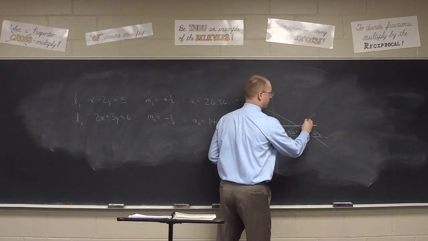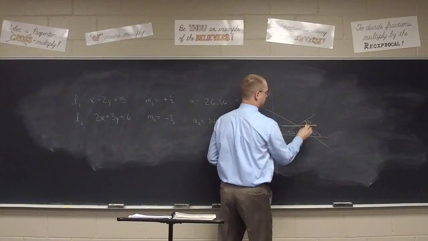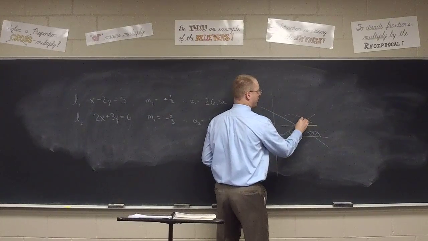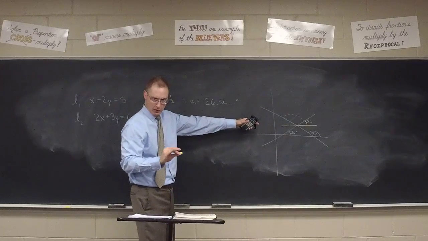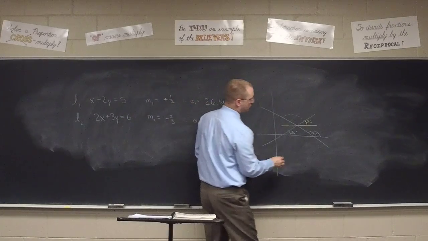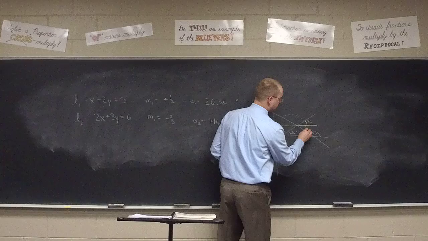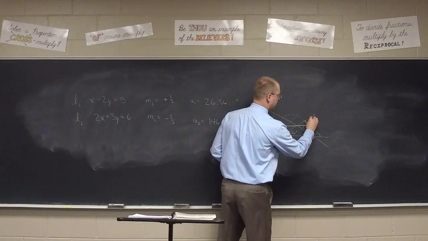Now, we know this part here is 26. If we find this angle, that's the easy angle because we can just subtract, but we get the obtuse angle, and we generally don't want the obtuse. So we know this is 26. I need to find this part so I can put it all together.